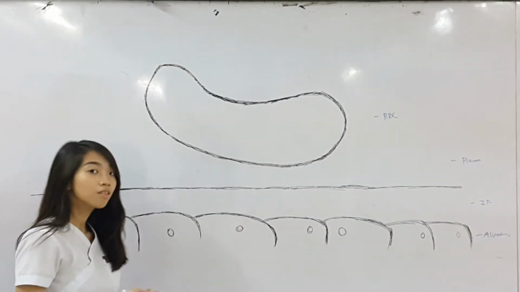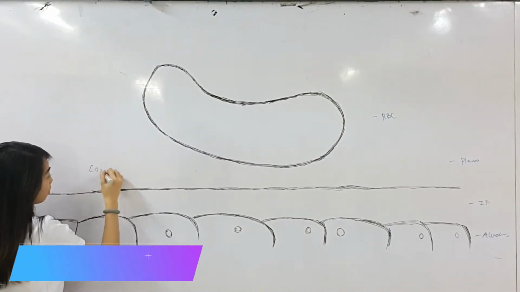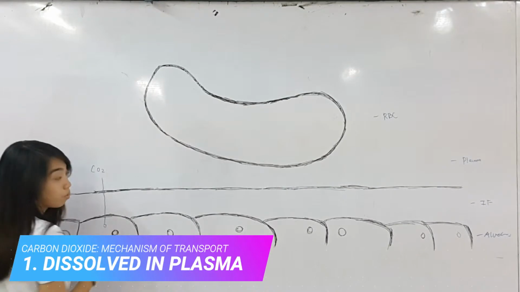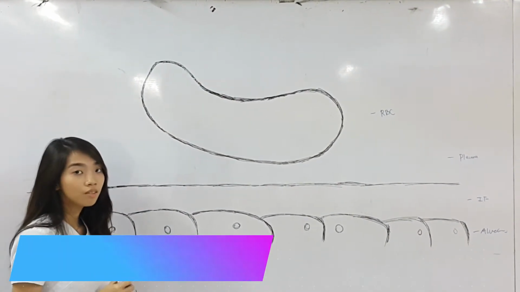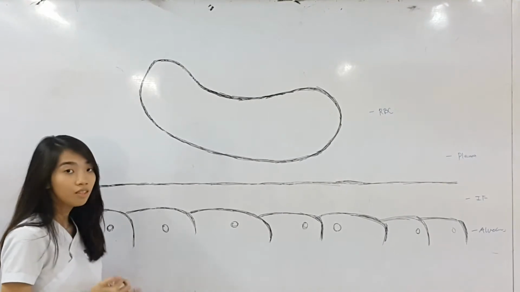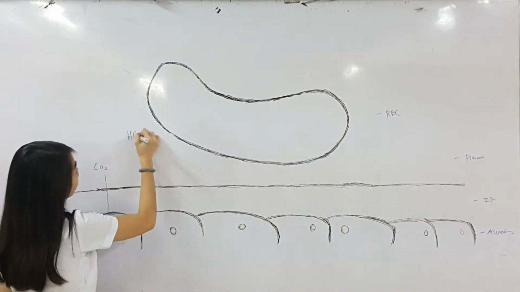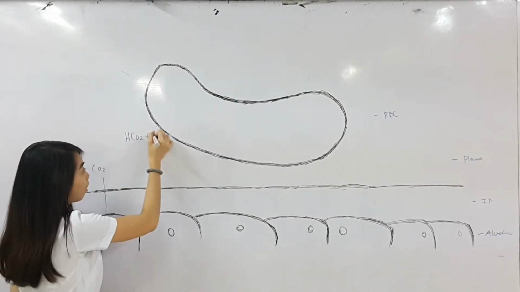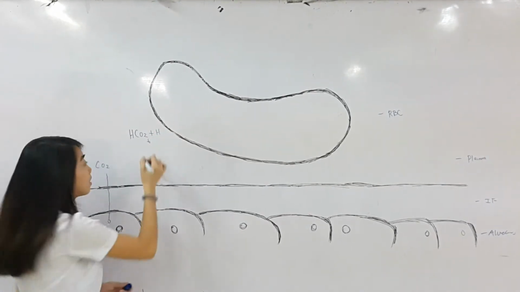So here's the process. Some of the carbon dioxide can easily be transported into the alveolus so that we can exhale. And the majority of the carbon dioxide is actually transported in the blood as bicarbonate. Then it will bind to the hydrogen, which will form carbonic acid.